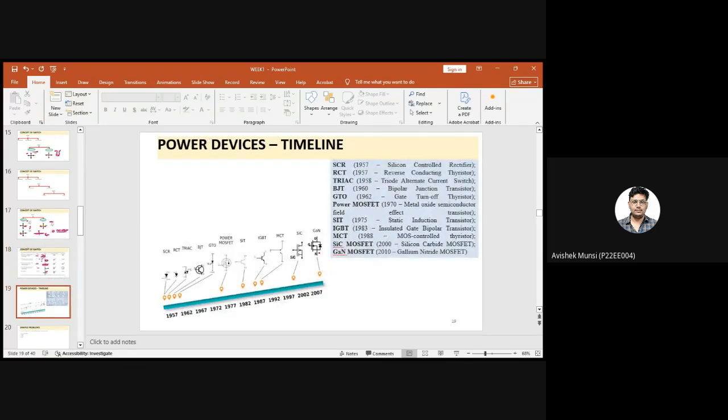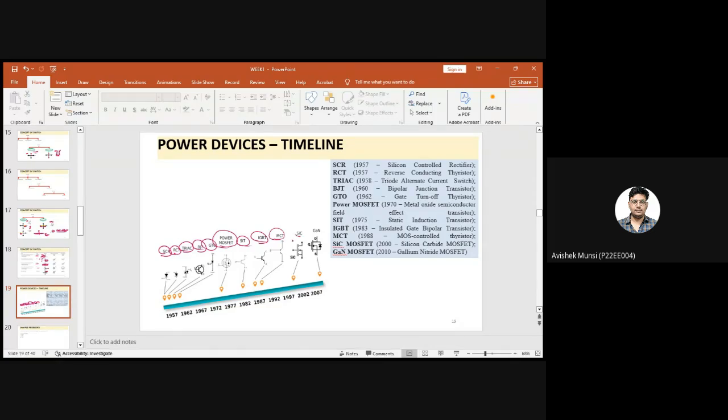If we go through the timeline of discovery, firstly SCR was invented, after which RCT was invented in 1962, then TRIAC, then BJT, then GTO, after which the power MOSFET came, then SIT, IGBT, MCT.